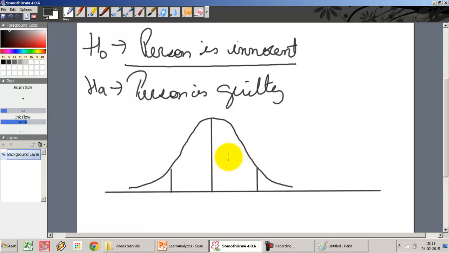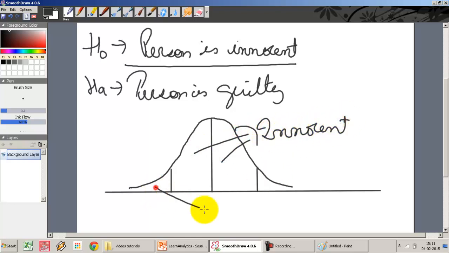The acceptance region is the probability of accepting the null. So this is the region where we are saying the person is innocent. This is the region where we are saying the person is guilty.